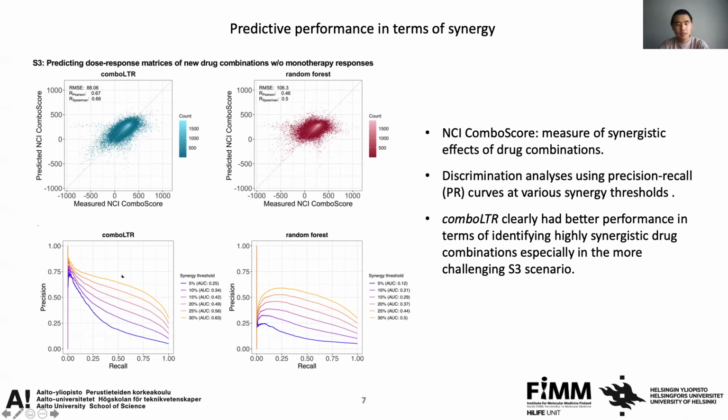ComboLTR had a much larger AUC, especially when recovering top synergistic drug combinations. And the above analysis together demonstrated that ComboLTR has much better performance in identifying highly synergistic drug combinations, even in the challenging scenarios.